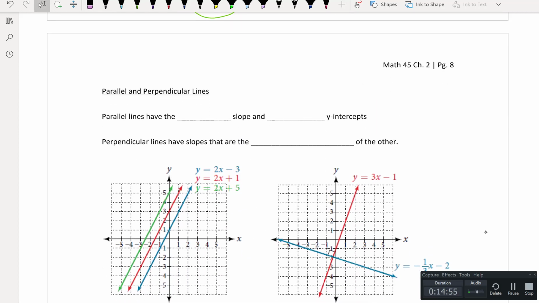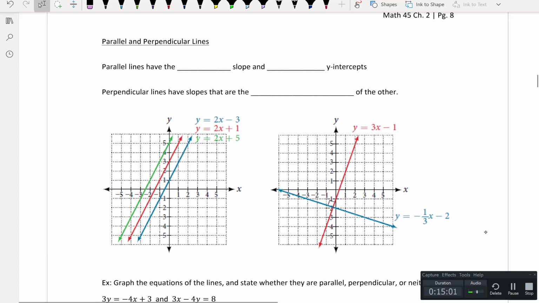Now I want to think about my parallel and perpendicular lines. So parallel lines have the same slope and different y-intercepts.